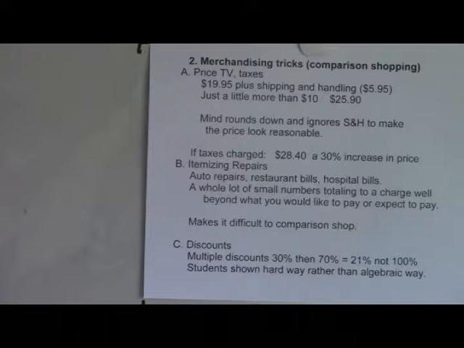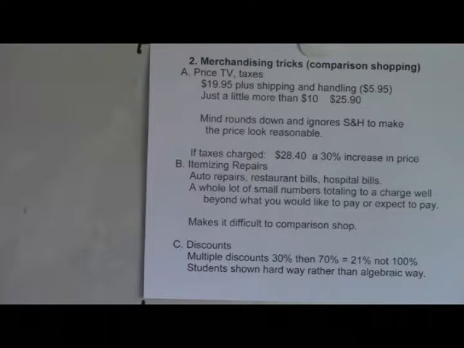It's the same psychology. But then we add another $6 for shipping and handling, and that $10 item in our mind now becomes almost $26. It's because our mind runs down and ignores the shipping and handling to make the price look reasonable.